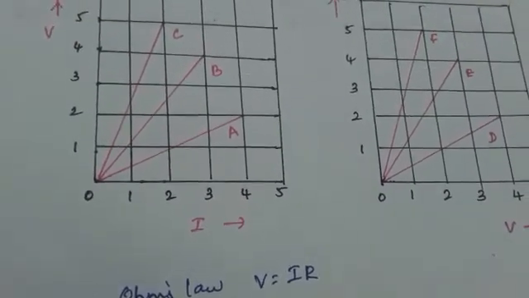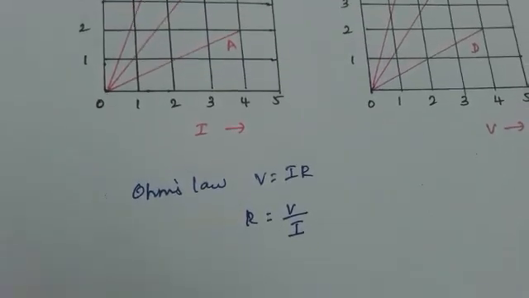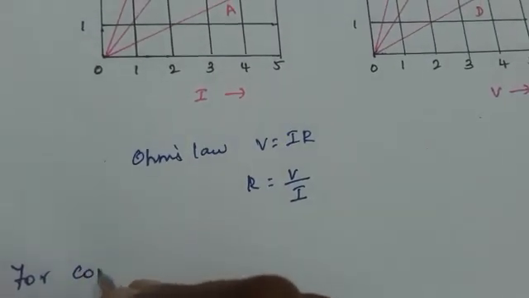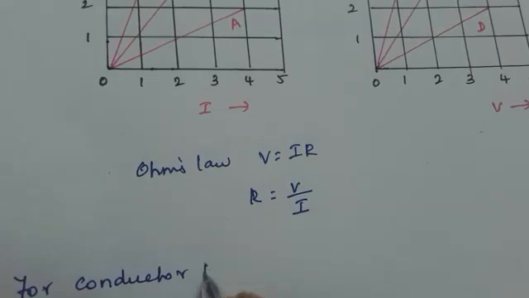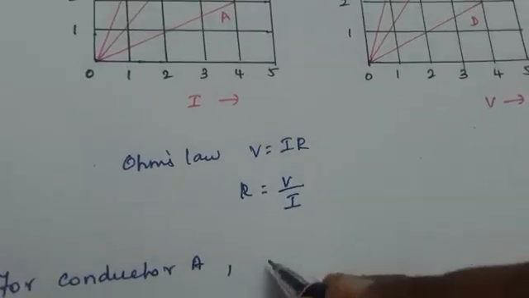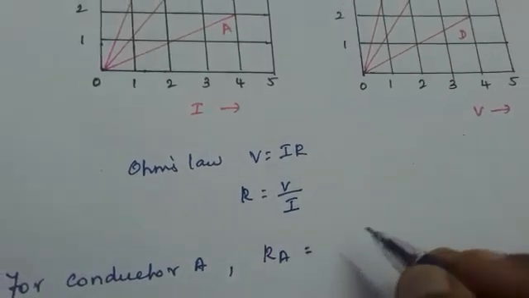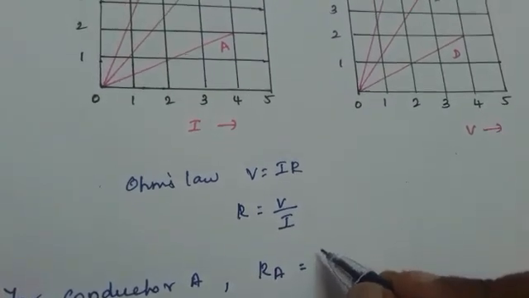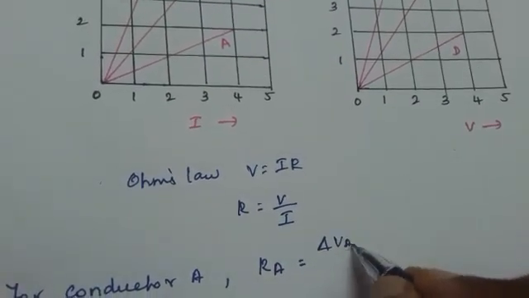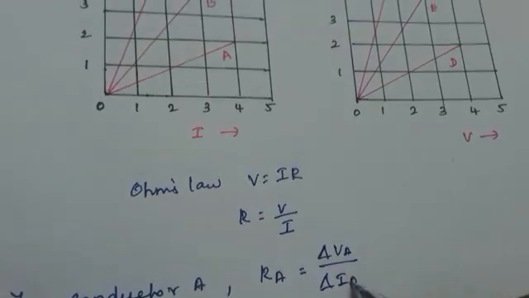Now we are going to find the resistance for conductor A. I take the resistance as RA. RA is equal to delta VA by delta IA.